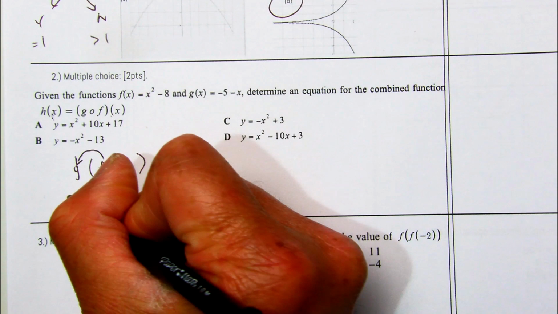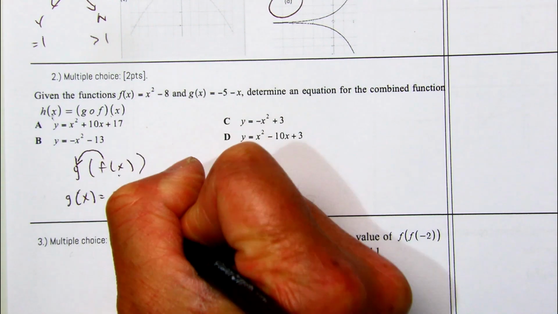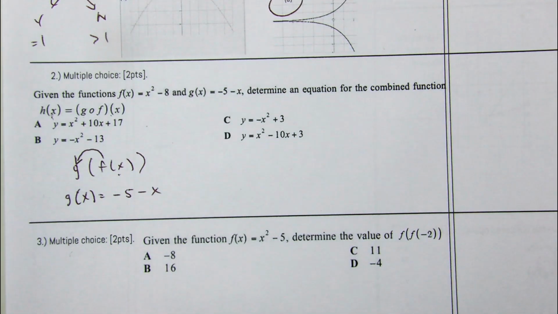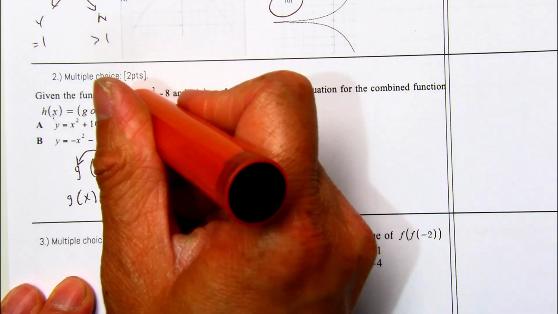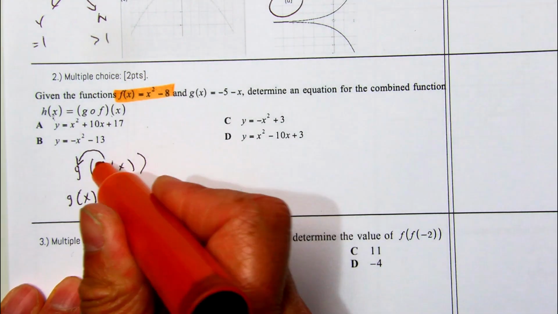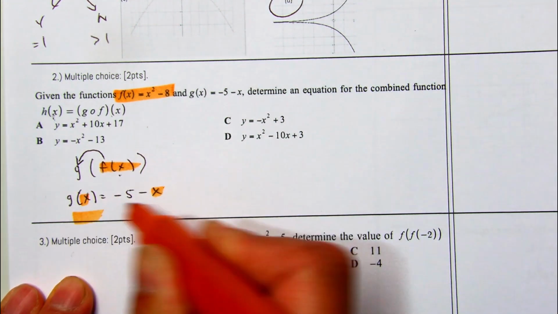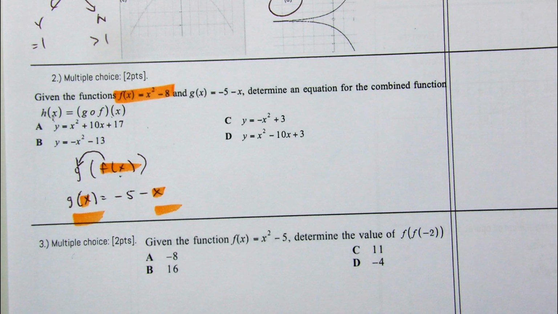G of x is negative 5 minus x. Now we're going to put f into g. So every x value is going to become x squared minus 8.